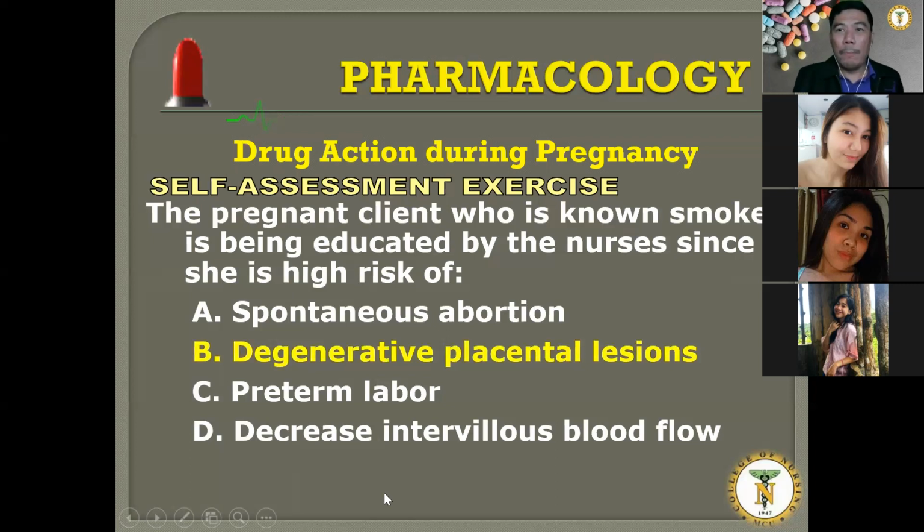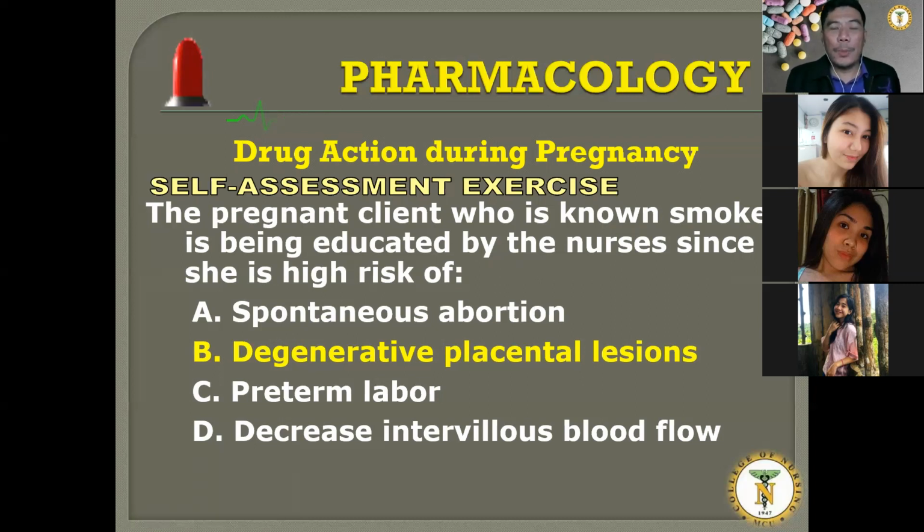Class, remember, for a pregnant mother who is on active smoking, the nicotine itself is the harmful substance that may cause risk to the mother and also to the fetus and the neonate.